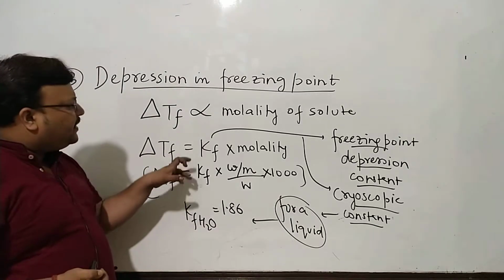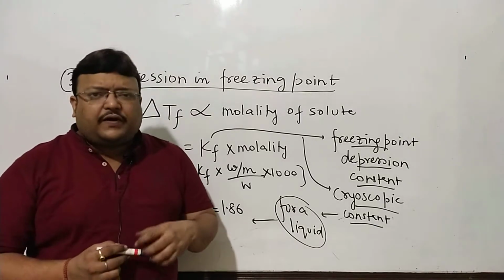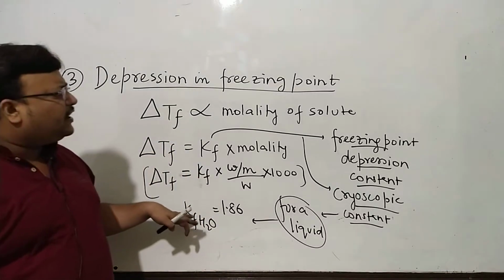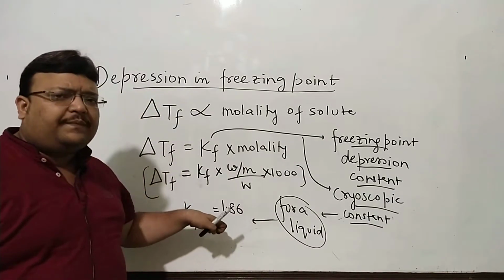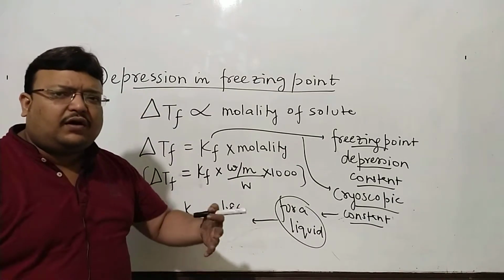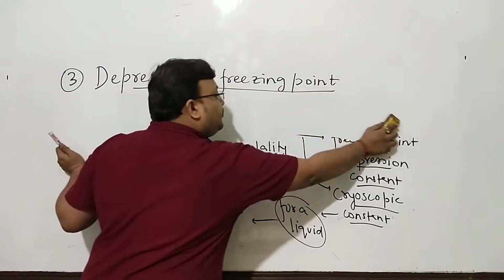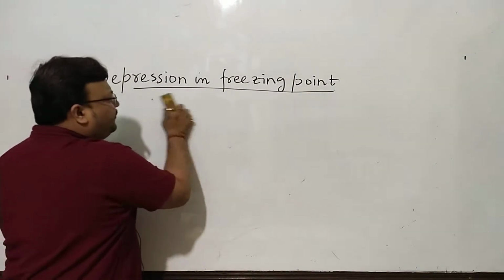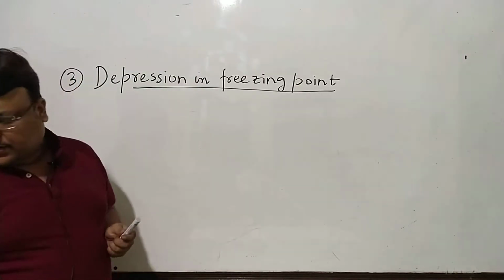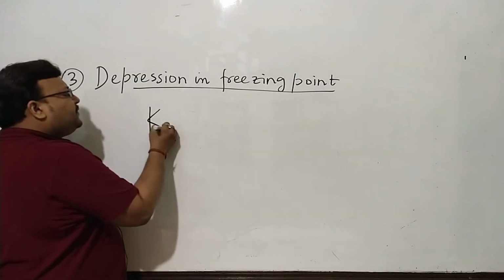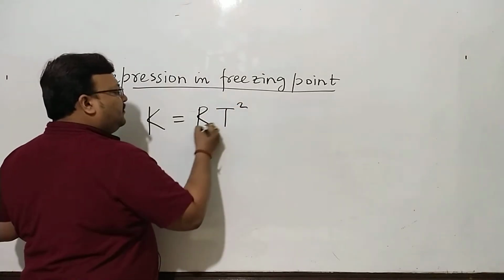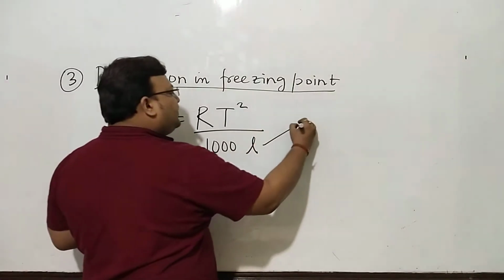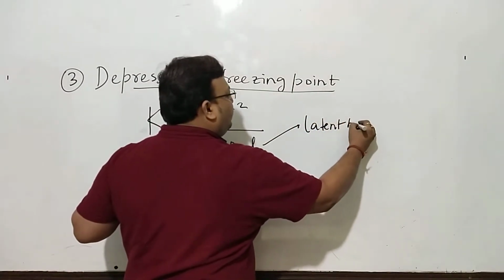As I told you, Kf and Kb are going to be constants for a given liquid. For water, 0.52 and 1.86 are recalled instinctively. In case you have to calculate Kf and Kb for some unknown liquid, the general expression is K is equal to RT square upon 1000 L, where L is the latent heat of the process.